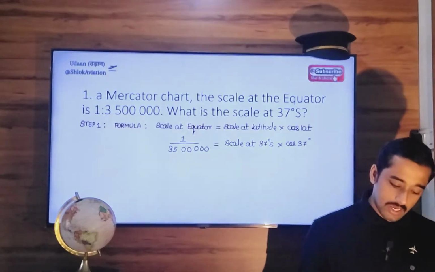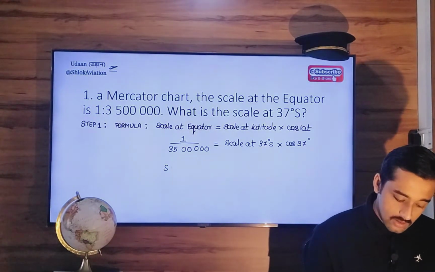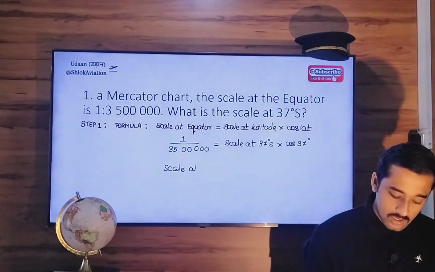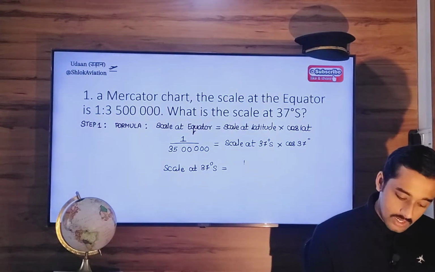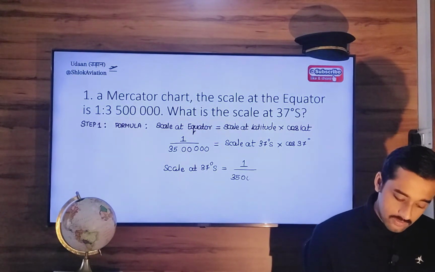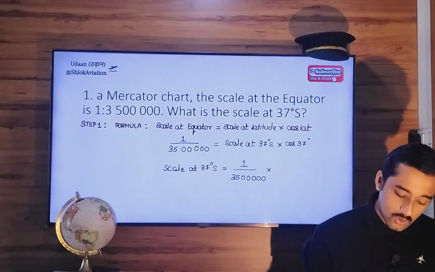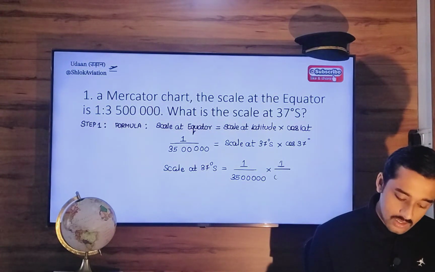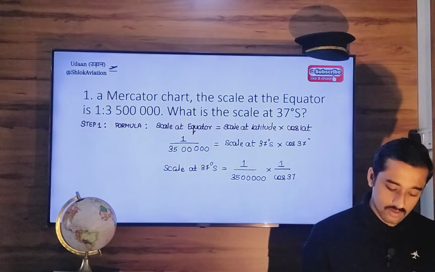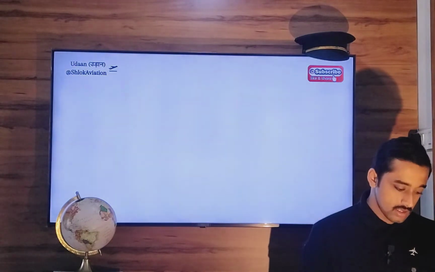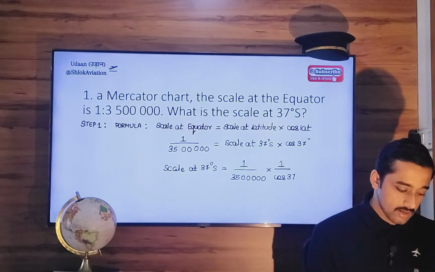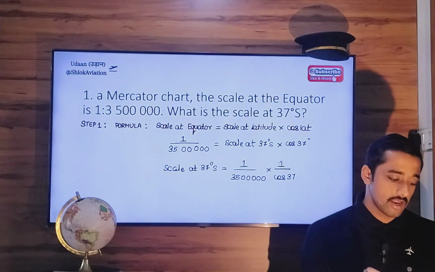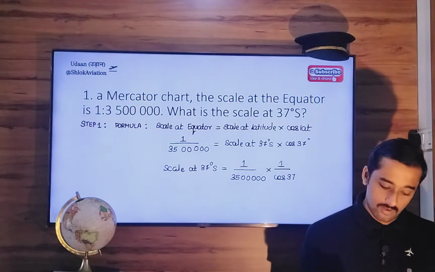So cross multiply: scale at 37 degrees south latitude equals to 1 divided by this value, 35 lakhs, into 1 divided by cos 37. So cos 37 is 0.7986, that value.